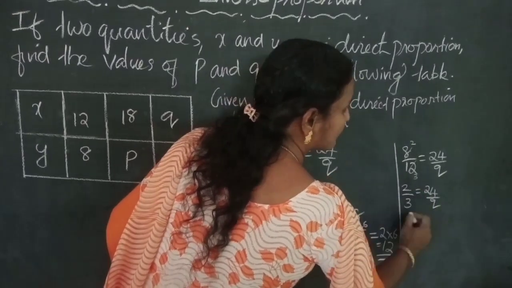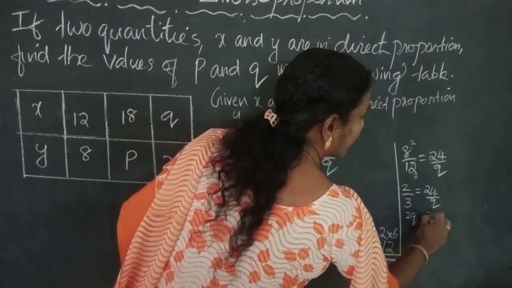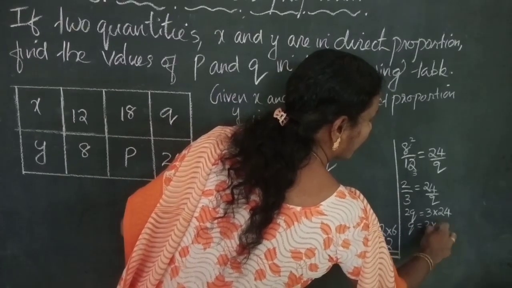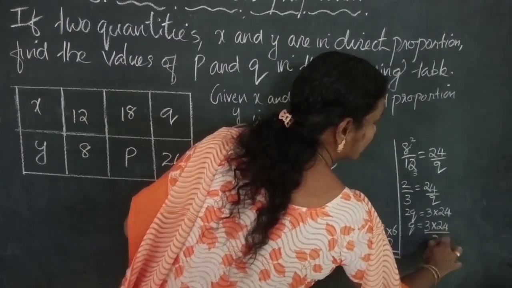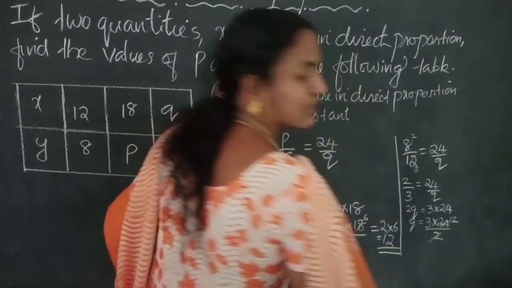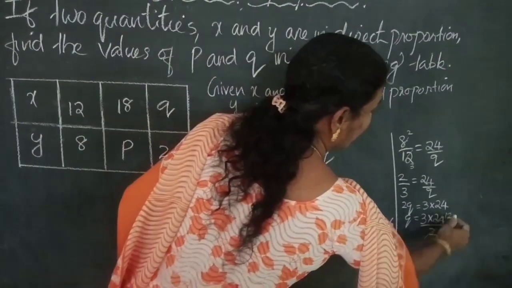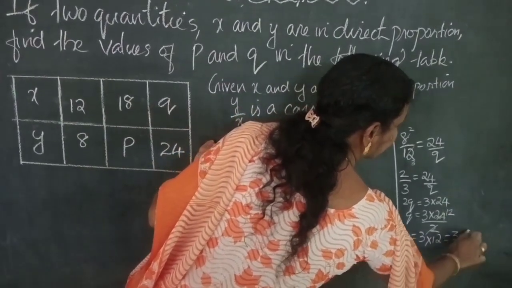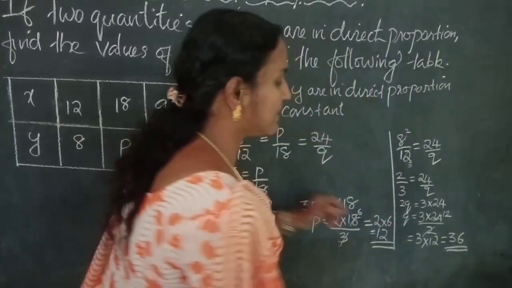By applying cross, 2q is equal to 3 into 24. So q is equal to 3 into 24 divided by 2. We can cancel 2 and 24: 12 2s are 24. So 3 into 12 is equal to 36. So q is equal to 36.